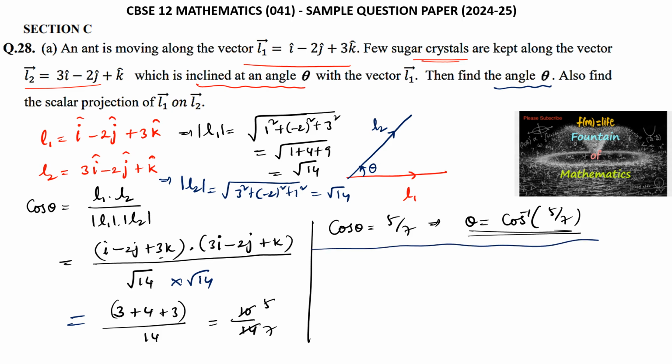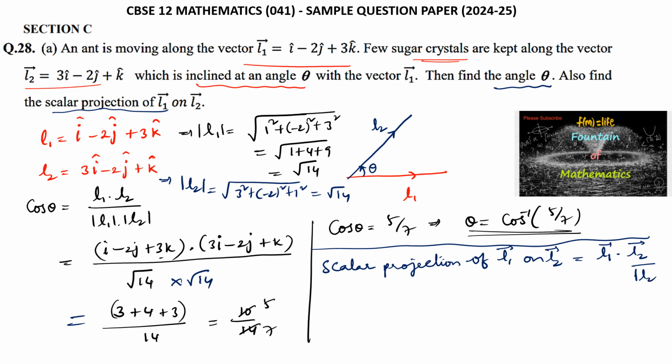And now we need to find the scalar projection of L1 on L2. Scalar projection of vector L1 on L2 is given by L1 dot L2 vector divided by mod L2, meaning the unit vector of L2.